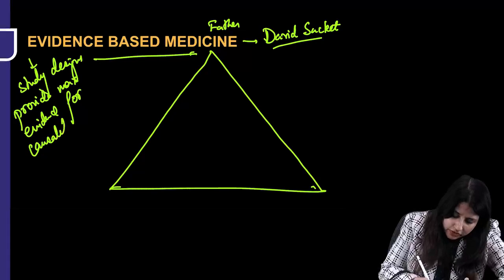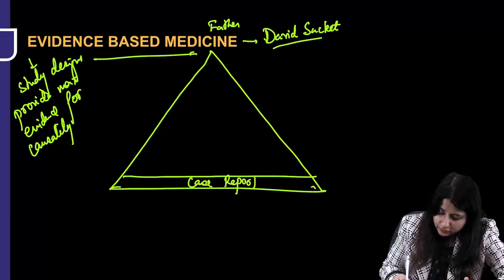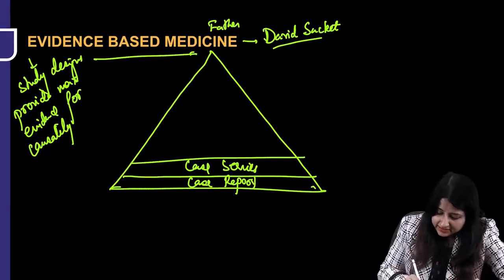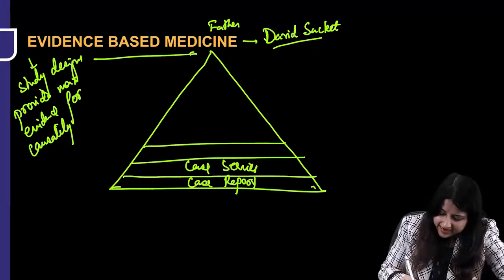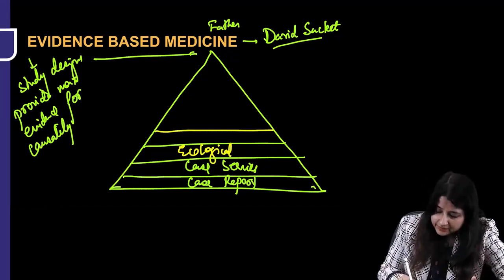When you arrange your study designs, at the lowermost you have descriptive study designs: case report, then case series. Opinions and all those are even below that. Then you have your analytical: ecological, because of ecological fallacy. Then cross-sectional.